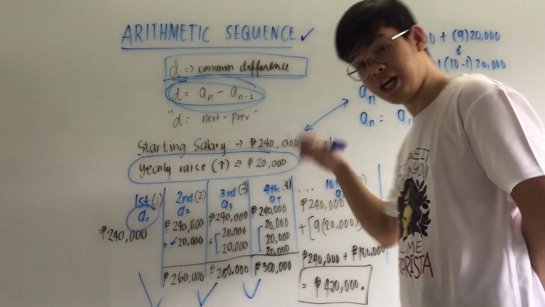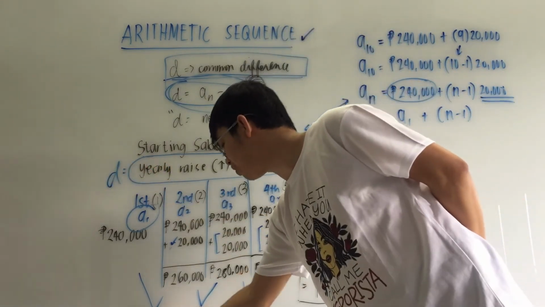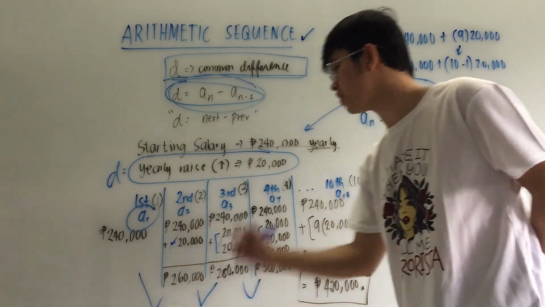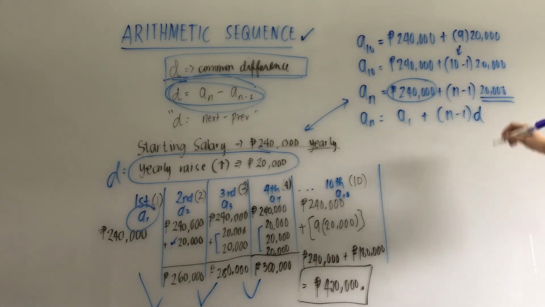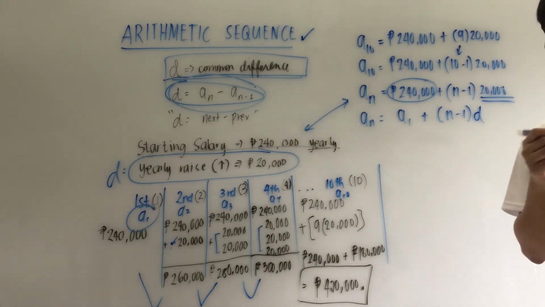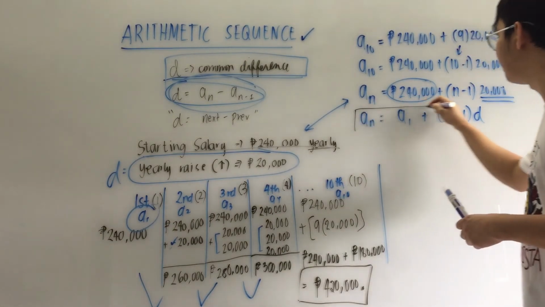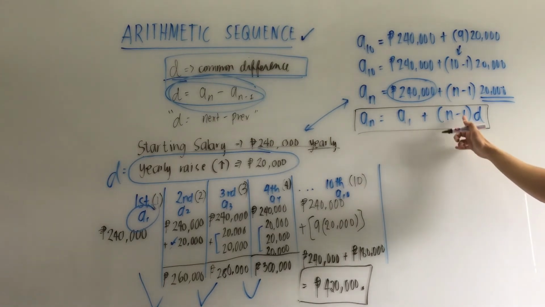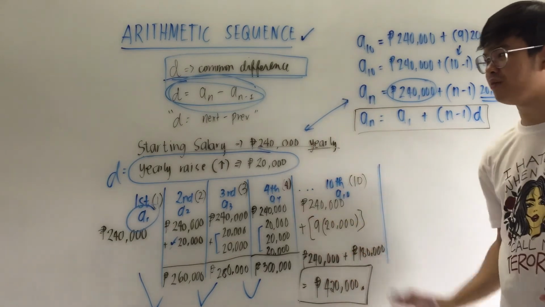It is your common difference, right? We solve here 20,000. Then for all of this is 20,000. And then, therefore, that's your d. Therefore, we just change to d. And then, we arrive with a formula actually, which is A sub n equals A sub 1 plus n minus 1 times d.